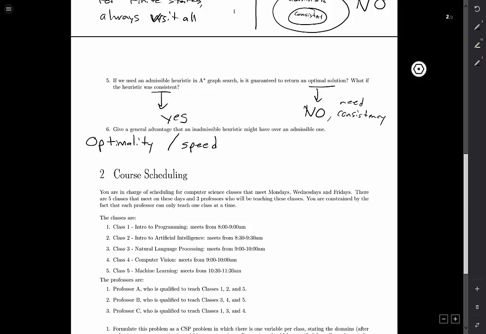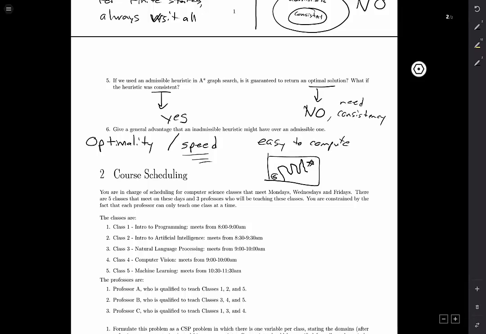So an inadmissible heuristic could help you get speed. Now, why might that be? It might be easy to compute. So let's say we have this Pac-Man grid, and Pac-Man starts here and wants to get to the star. There can be a complex curve of walls blocking it from getting to the goal star.